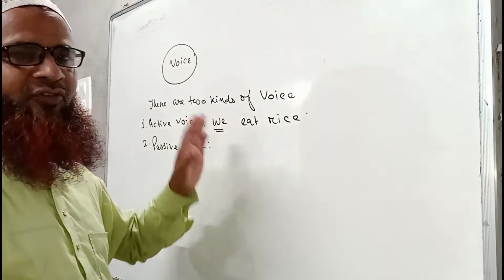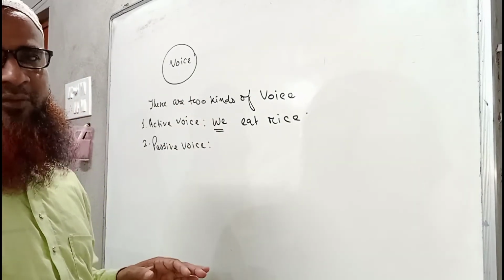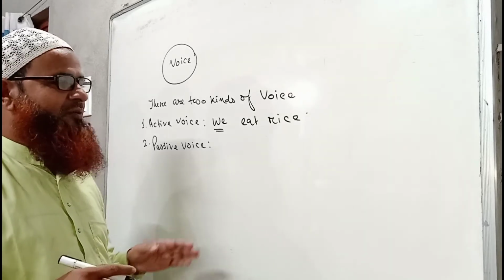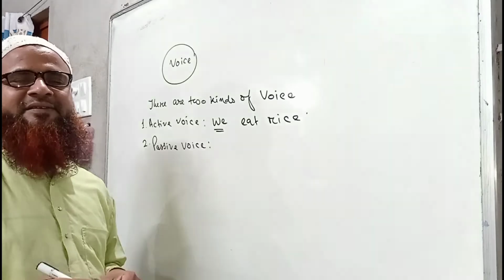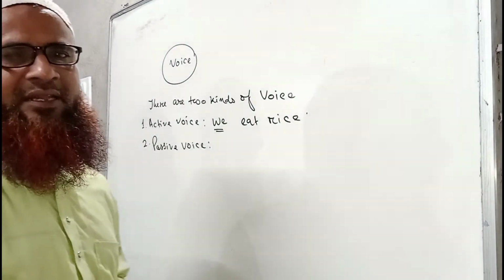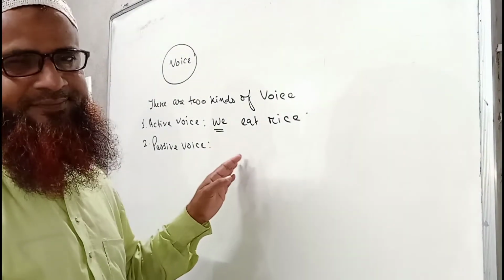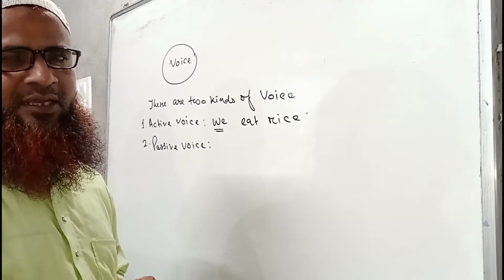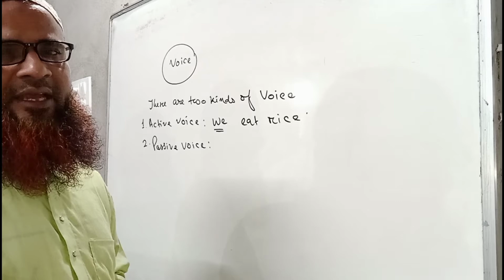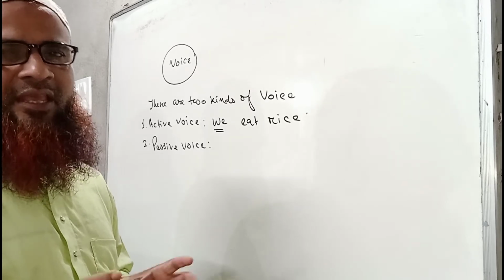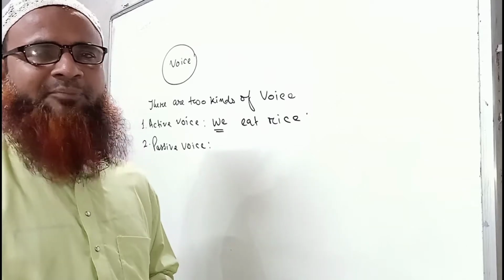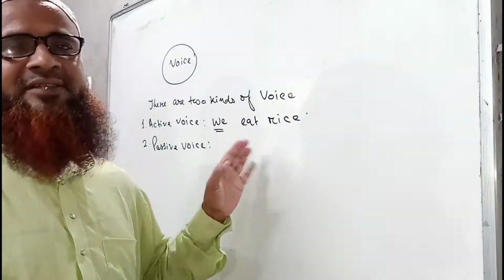So if we want to change it into passive voice, what should we do? We must give emphasis on the object of this sentence. Now what is an object? An object is a part of the sentence upon which the action of the verb is done.